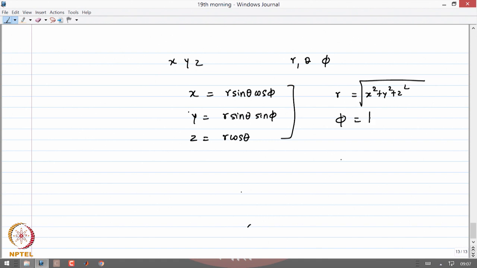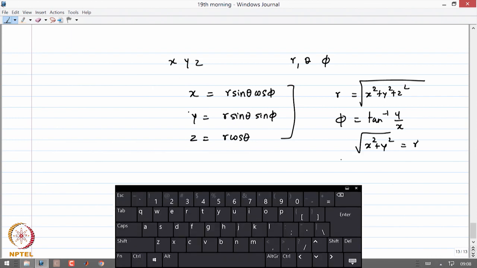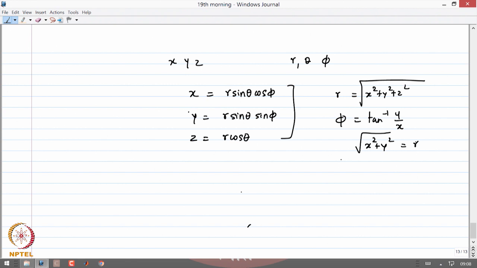is tan inverse y by x, and to calculate theta, x square and y square, if you take the square root, that gives you r sin theta, and therefore theta is tan inverse square root of x square plus y square by z, okay.